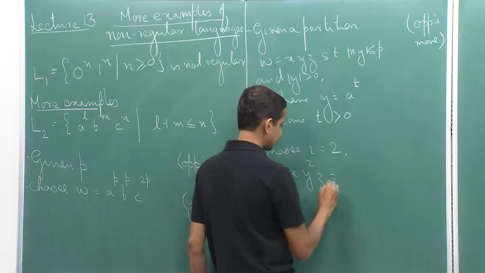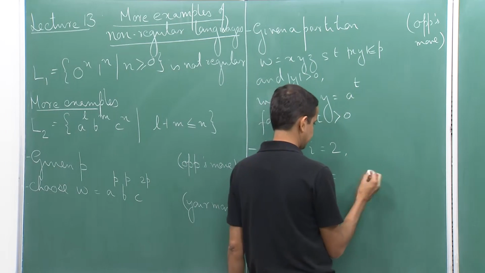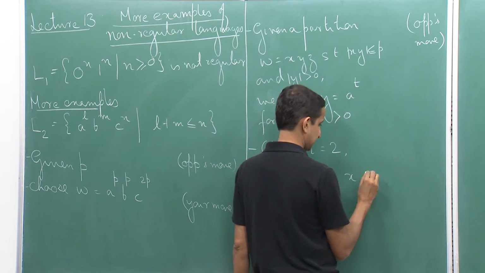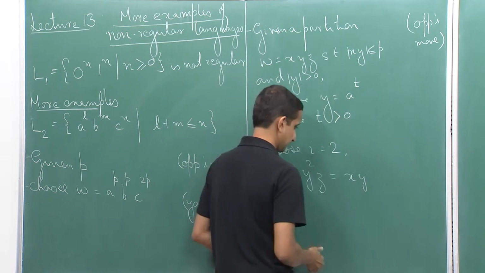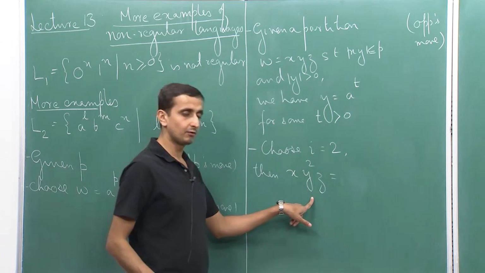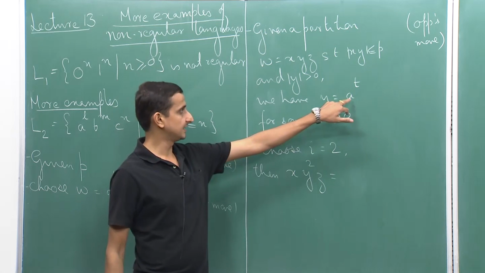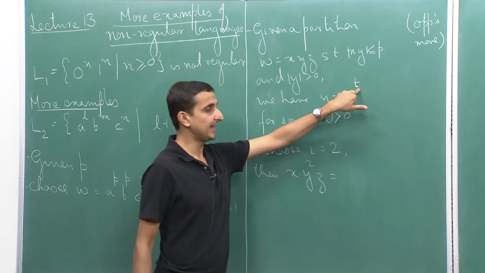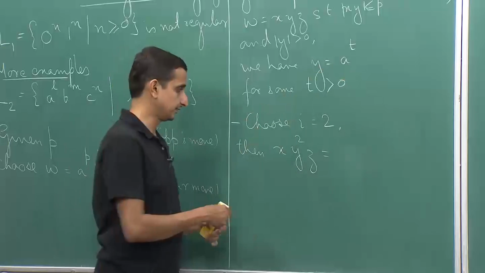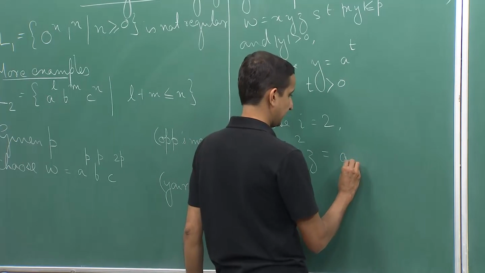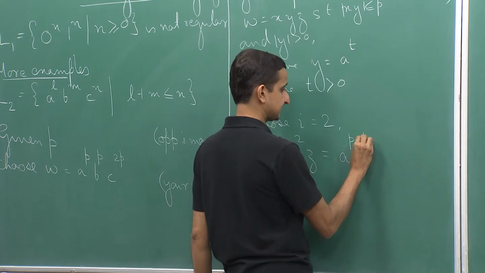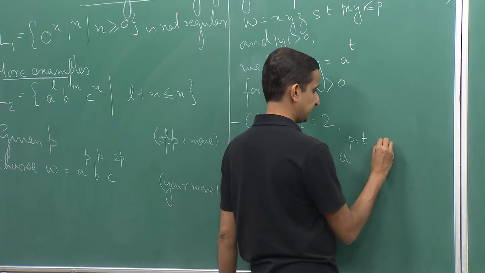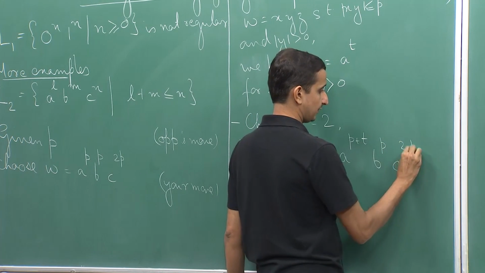It basically has an extra y in between, so it has t extra a's. So the string will be a to the power p plus t, and the number of b's and c's are the same, b to the power p, c to the power 2p.